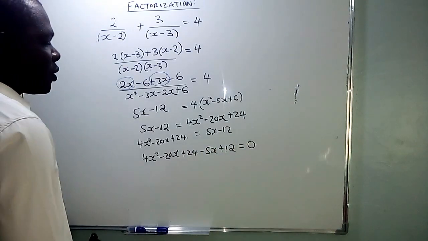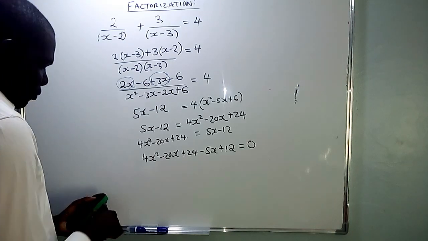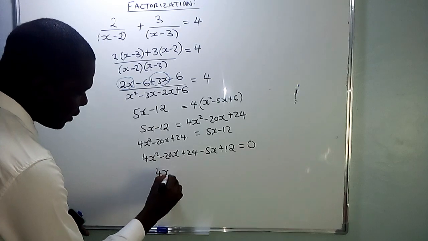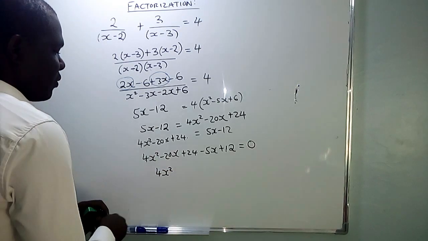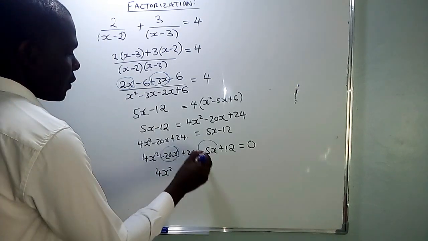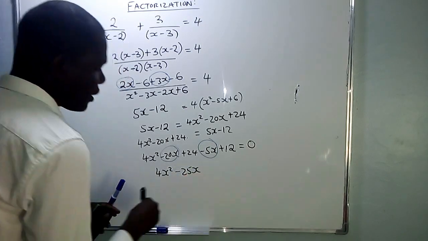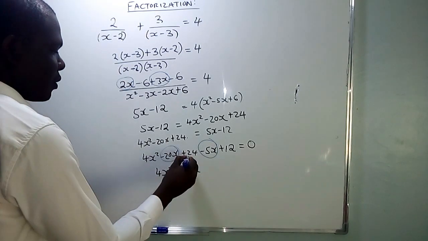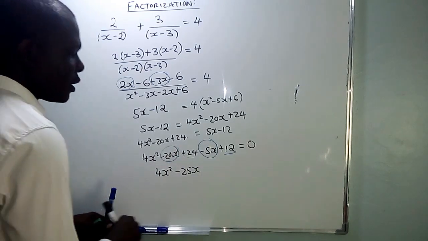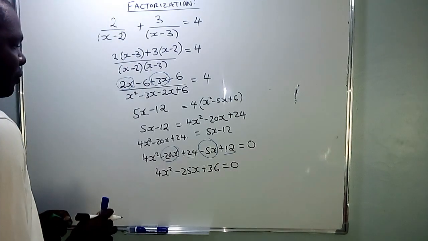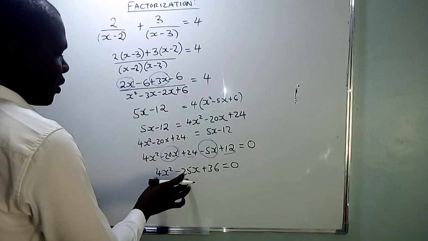So that is equal to 0. If you simplify this, we get 4x squared, negative 20x and negative 5x gives you a total of negative 25x, isn't it? Then positive 24 and positive 12 gives you a total of 36, is equal to 0. So this is a standard quadratic equation.